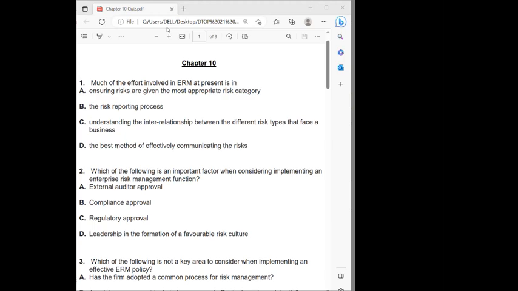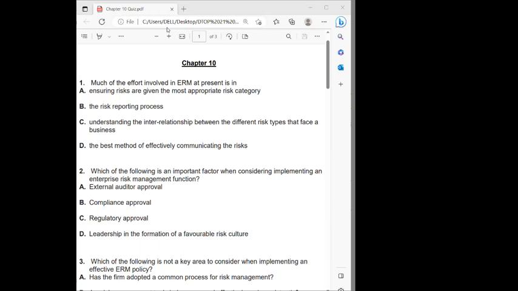All these points are valid points. When we talk about risk management, we focus on all of them. But the question is about where do we put much of the effort? And also, we are talking about ERM.